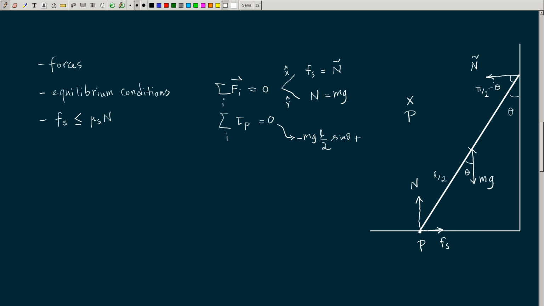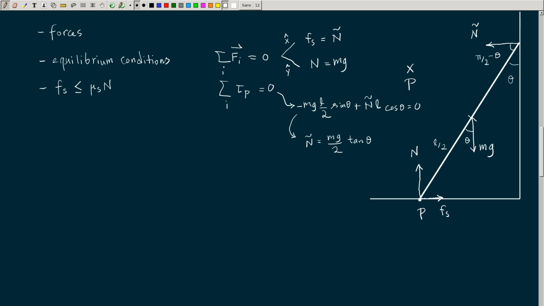Okay, so n twiddle times this length L, times the sine of this angle pi over 2 minus theta, which is cosine theta, is 0. So from here you get n twiddle is half mg times tangent theta.